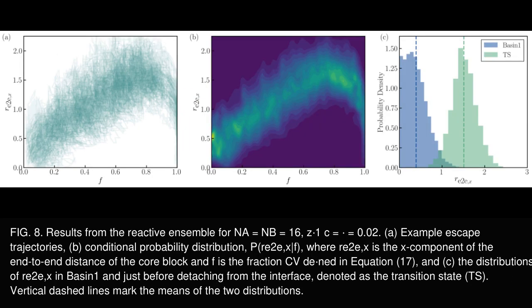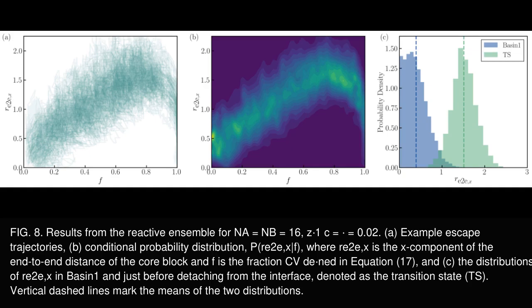Figure 8 presents results from the reactive trajectory ensemble method for chains with equal core and corona lengths, Na = Nb = 16, under conditions of z^-1 c = ε = 0.02. Panel A displays example escape trajectories showing how chains move along the reaction coordinate until detaching from the micelle interface.